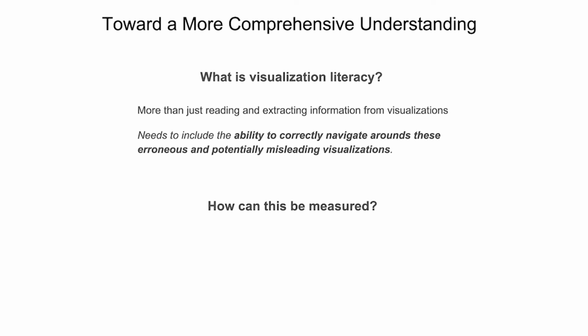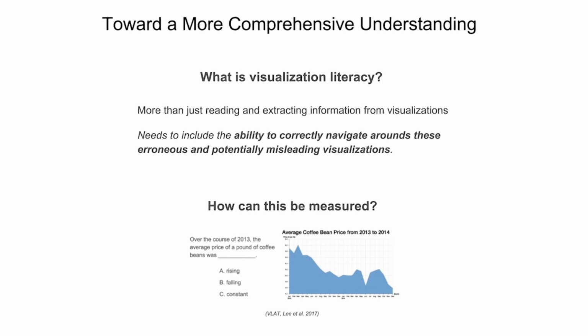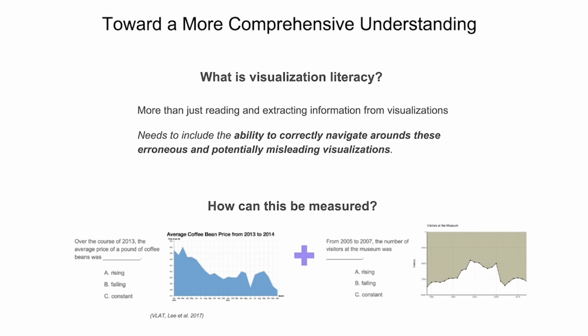It needs to include the ability to correctly navigate around these erroneous or potentially misleading visualizations. And we are extending beyond current assessments for visualization literacy to include questions that are able to measure people's ability to critically interpret visualizations. Or in other words, we are including the critical thinking aspect of visualization literacy.